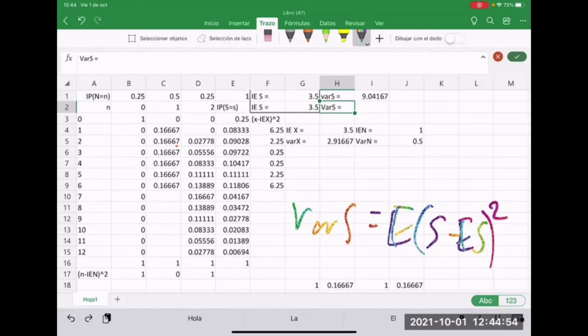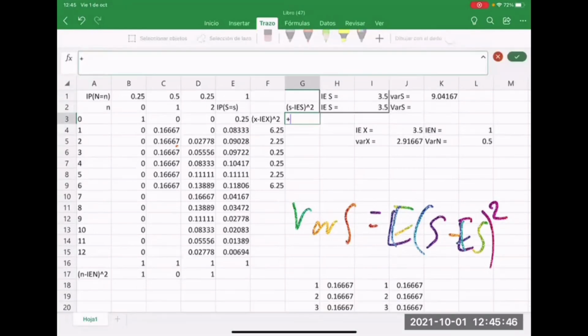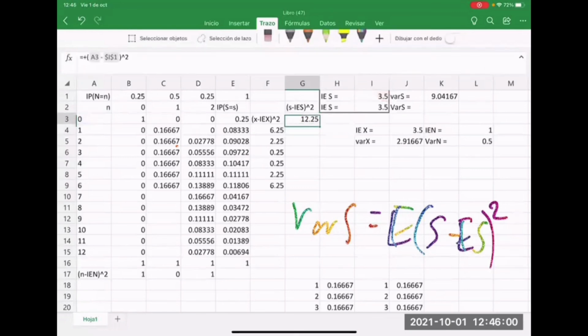So we need just to get s minus the expectation of s, which is just s minus, that should be a little less, s minus the expectation of s, squared. Okay, and then I get this minus the expectation of s, and then squared, right?